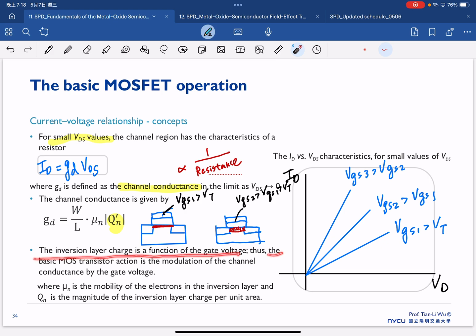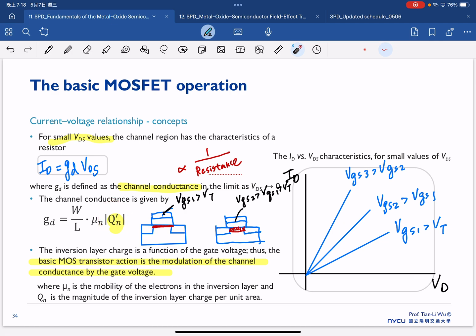Therefore, the basic MOS transistor action is the modulation of the channel conductance by the gate voltage, where our mu1 is the mobility of the electron in the inversion layer, and the Q1 is the magnitude of the inversion layer charge per unit area.